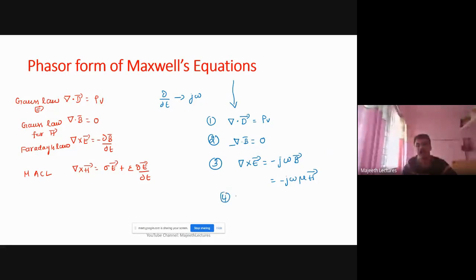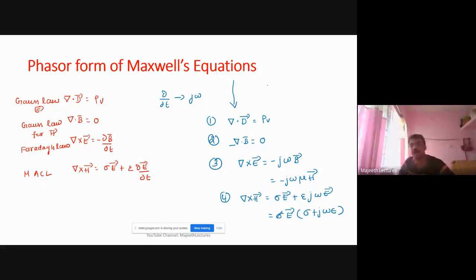Fourth equation, del cross H. That is right hand side sigma E. We cannot change it. Epsilon, then we have dou by dou t. That is j omega. And E is that E. So this I can simplify as E times sigma plus j omega epsilon.